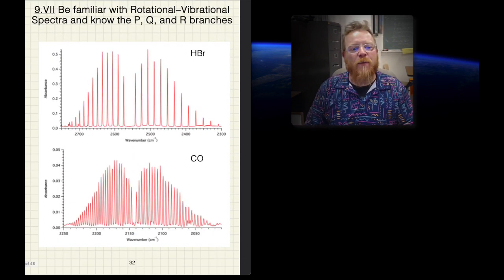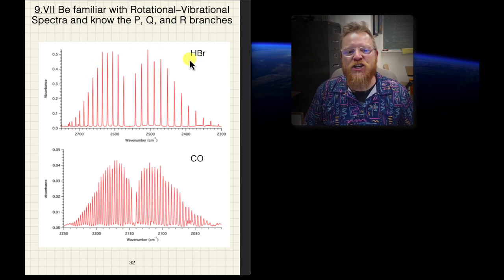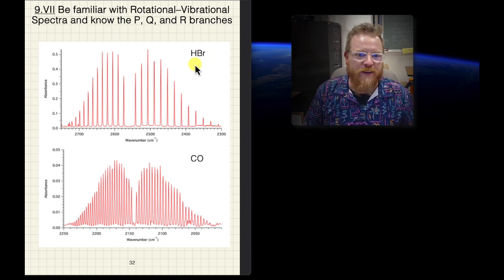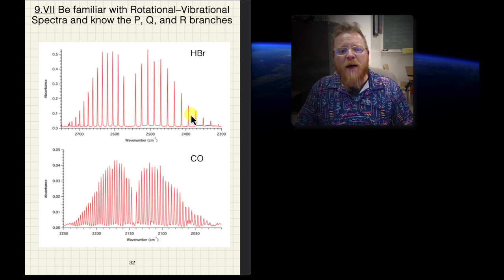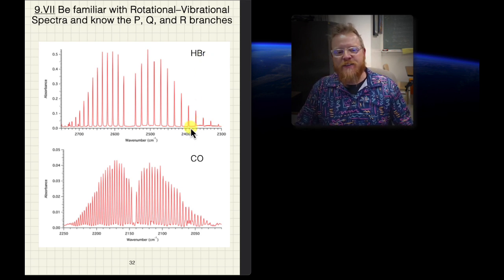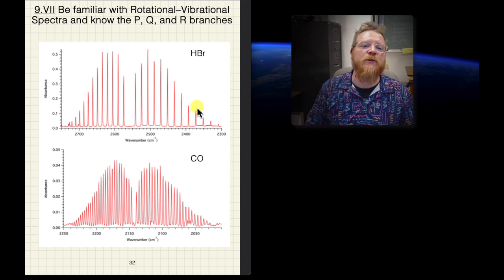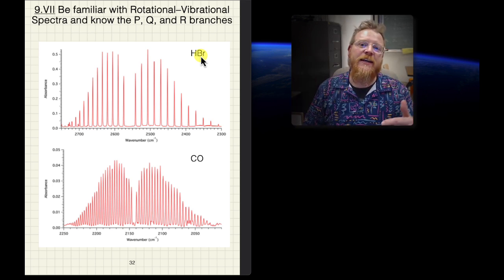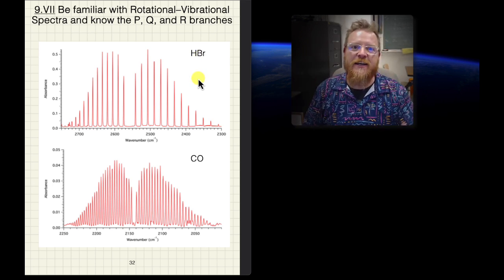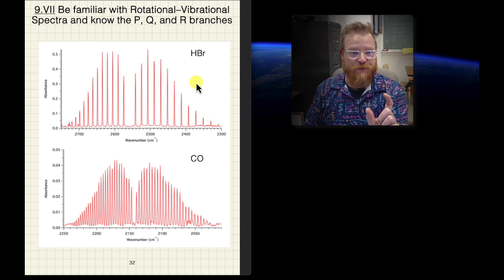So just looking at a couple more of these, here is HBr, so it looks very similar to HCl and DCl. However, we don't see any doublets there. And that's because of the mass differences. If you think about it, the D35 and D37 showed a significant difference.